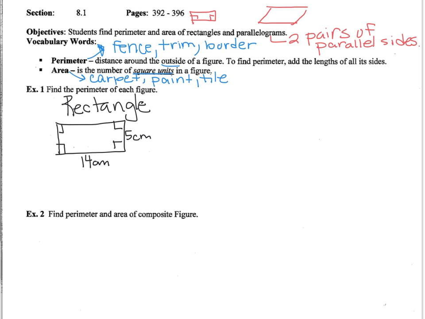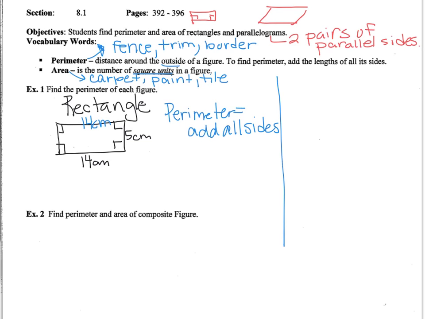Okay, to find the perimeter, we need to add all sides. Okay, we got to keep enough space on the other side to solve our other problem. All right, so to add all sides, we have to remember that the opposite side is also 14 centimeters, and then the other short side is also 5 centimeters.